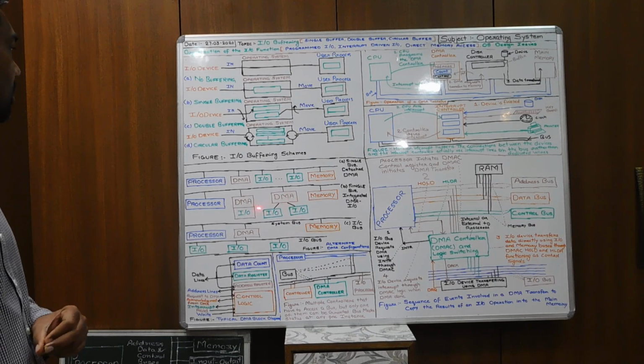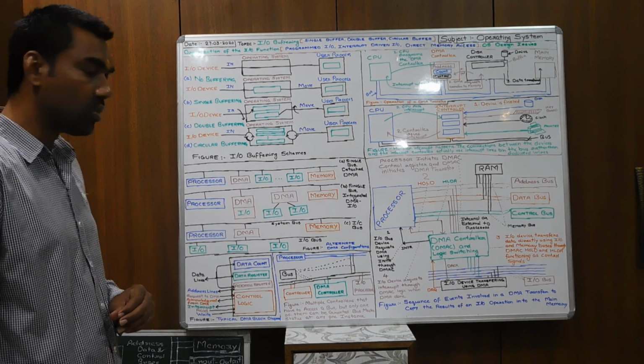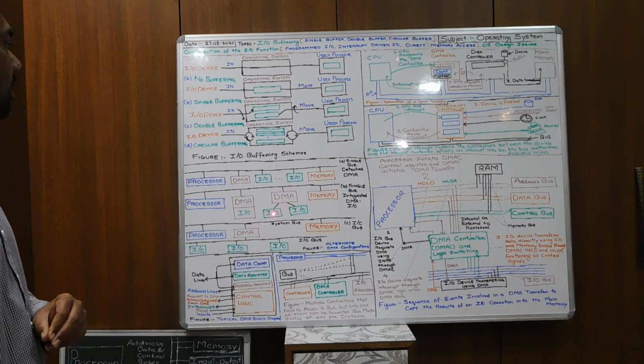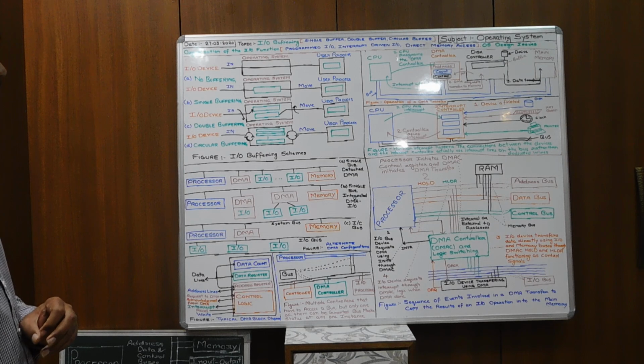Now these are the various configurations. Here you can see a case where DMA is implemented, and the IO device has a DMA controller of its own. You can think of an organization where a DMA controller provides interfacing to two IO devices.